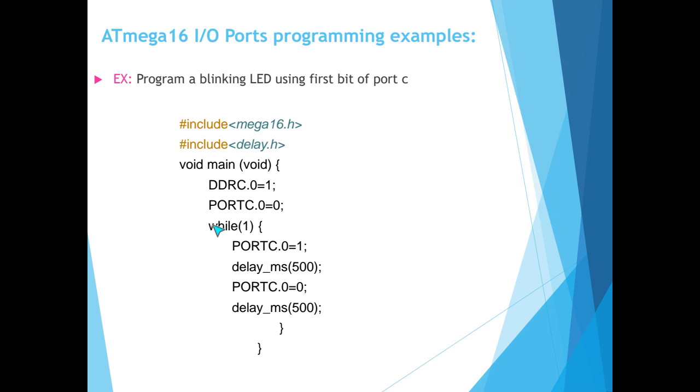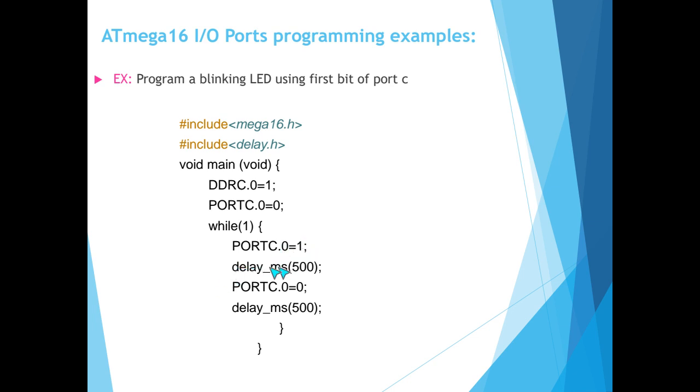Then the loop is starting, while 1, curly brace open. PORTC.0 equal 1. What does it mean? It means turn on the LED, give 5 volts. The value on the first bit of port C is 5 volts.